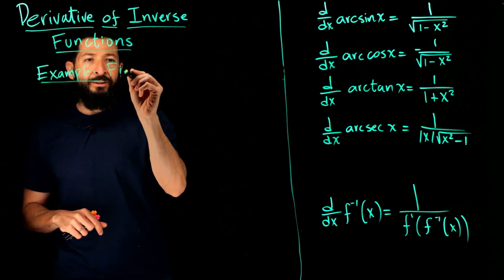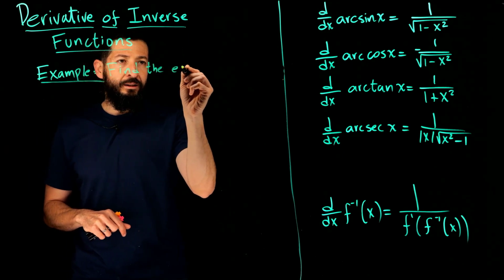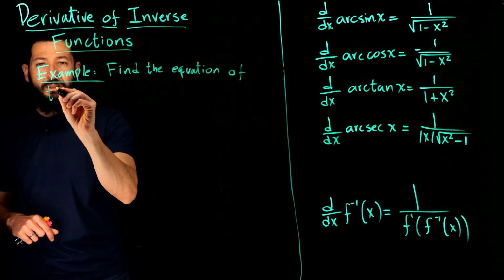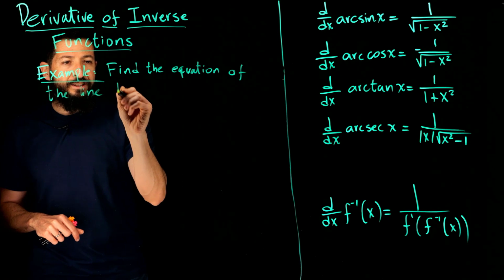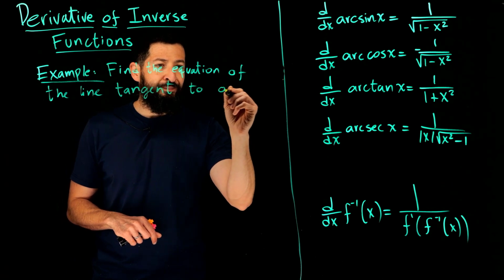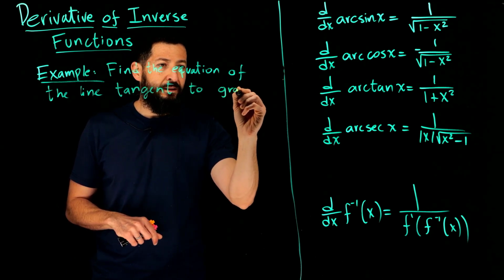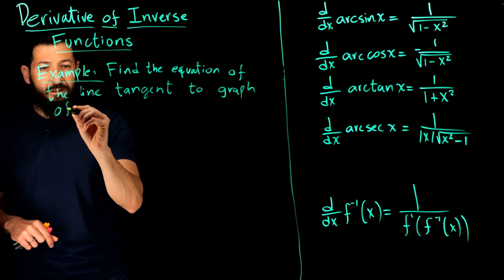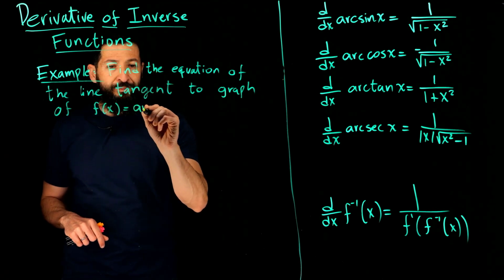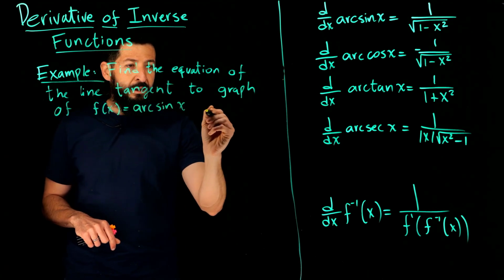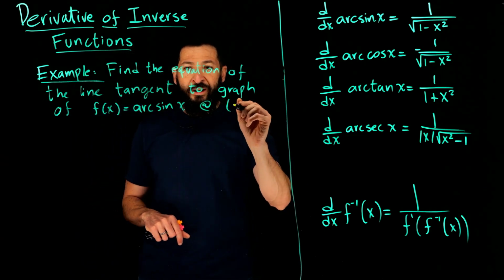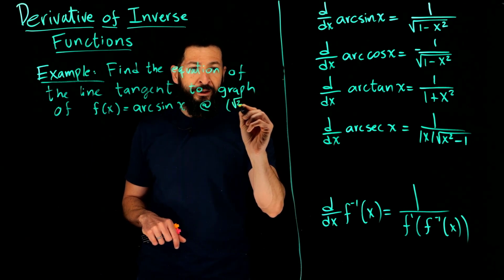So find the equation of the line tangent to the graph of, let's grab one of these, arc sine at the point, let's pick a point, for example, square root of 2 over 2 comma pi over 4.